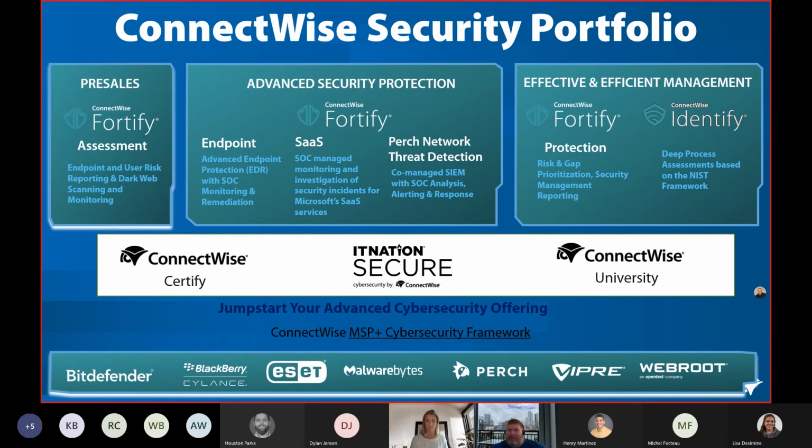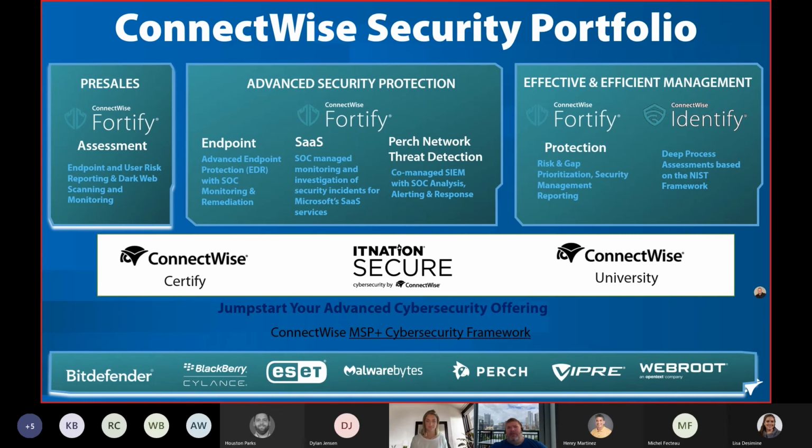And Identify, we didn't really get very many questions on Identify, but real quick, Identify is another type of assessment, but it has nothing to do with running a technical vulnerability scan. It's literally going through a series of questions that are all based on the NIST framework, and it talks about security policies you have in place, security procedures, incident response plans, data security and things like that.